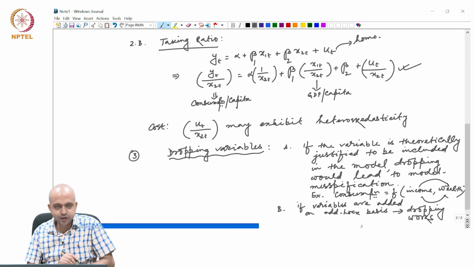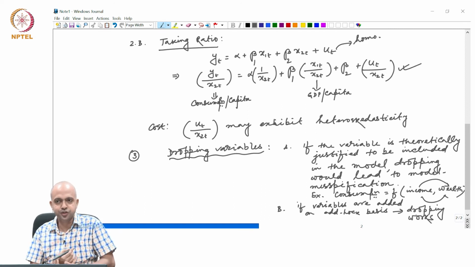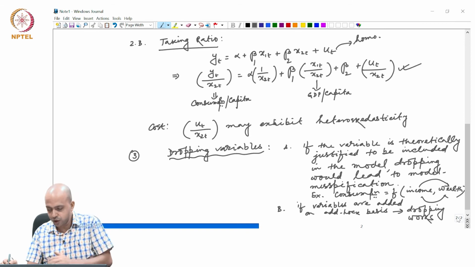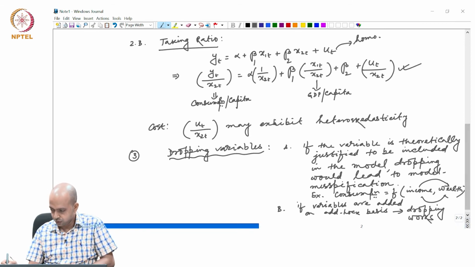So, you do not have a theoretical justification, you have simply included many variables, and now you see some of the variables are intercorrelated. So, you drop one of those variables and keep the other one. So, it all depends on whether there is any theory behind this or not. Okay. So, dropping the variable will work in this way.